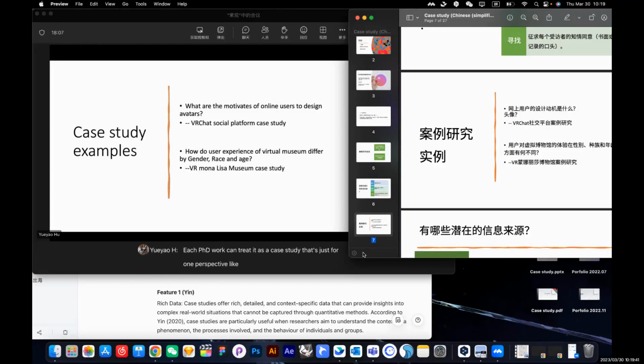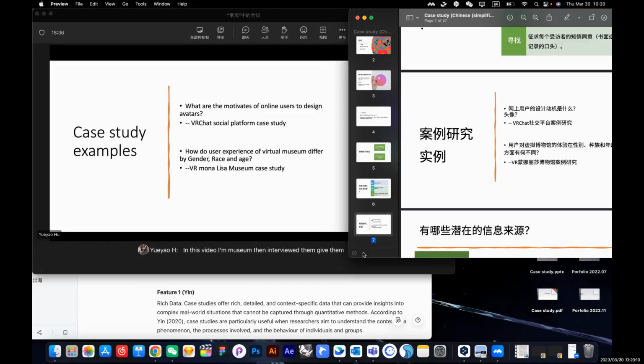Another is my colleague's project: how does user experience of a virtual museum differ by gender, race and age? She used one single case, the Mona Lisa Museum in VR, as a case study. She asked participants in this VR museum, interviewed them, and gave them questionnaires.